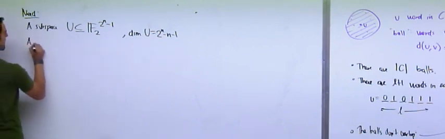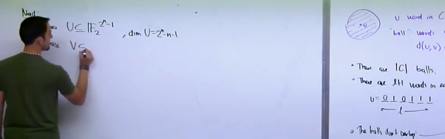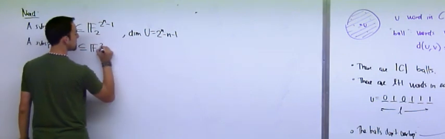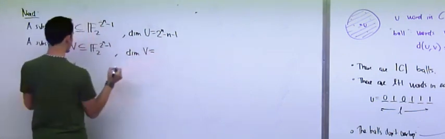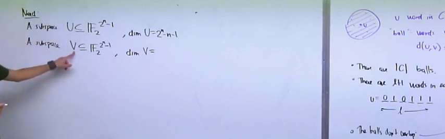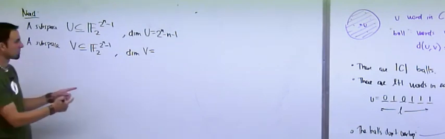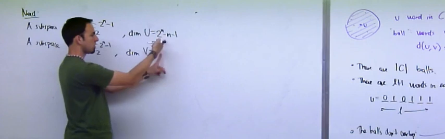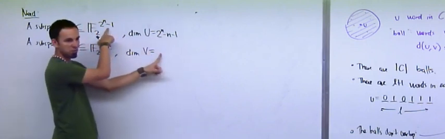So instead of this, I could choose the dual. And what is the dimension of the orthogonal subspace? Just n. If you have two complementary subspaces, the dimensions add up to the dimension of your space.